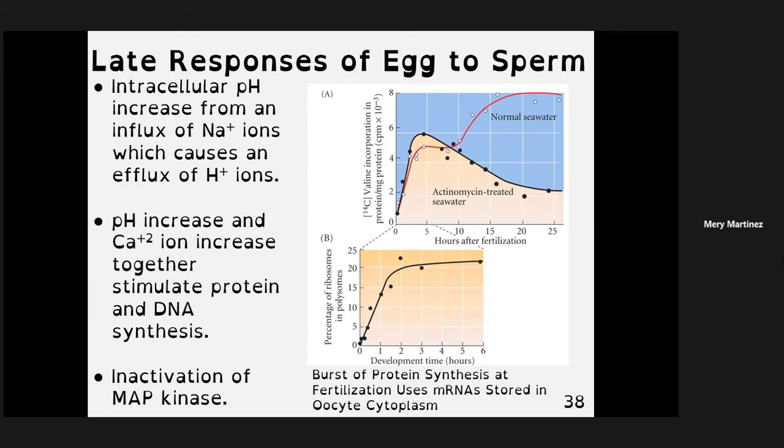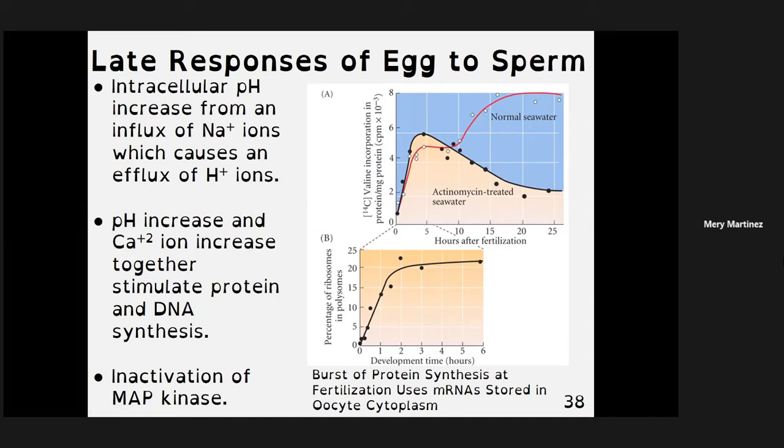So the wave of free calcium ions will normally inactivate what we call the mitogen activated protein kinase, and that is the MAP kinase. By inactivating this mitogen activated protein kinase, DNA synthesis can resume. So inactivation of the MAP kinase causes an activation of the DNA synthesis.